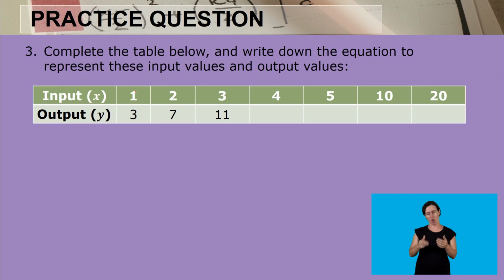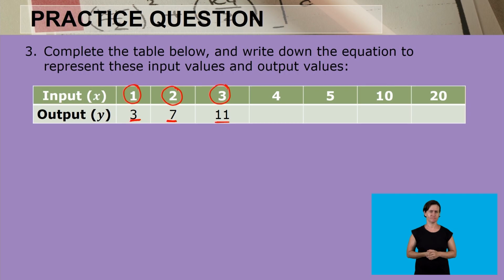So we are going to say 1 was the input value, and we can see that 3 was the output value. Then when 2 was the input value, we can see that 7 was the output value. And when 3 was the input value, 11 was the output value.